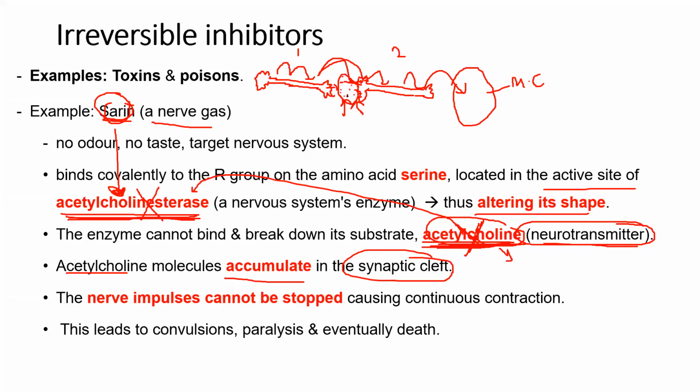Therefore acetylcholine will accumulate in the synaptic cleft and cause continuous contraction of the muscle. So that is the effect of serine. Acetylcholinesterase cannot break down the acetylcholine because serine binds to the active site of the enzyme.